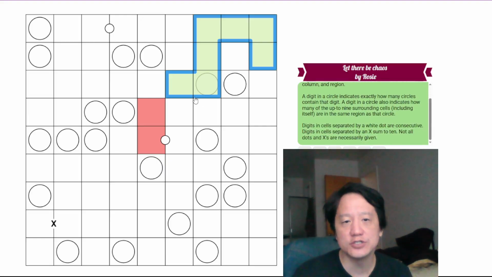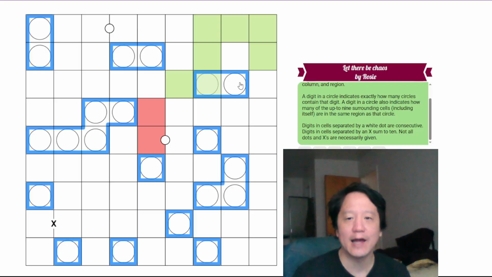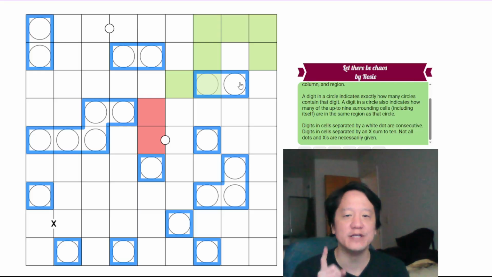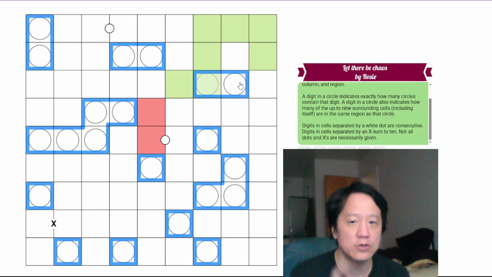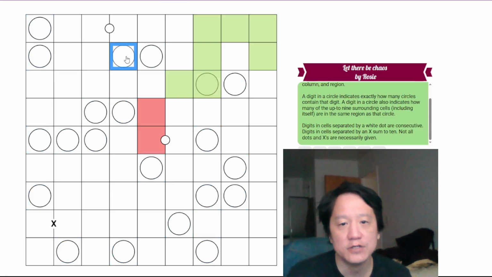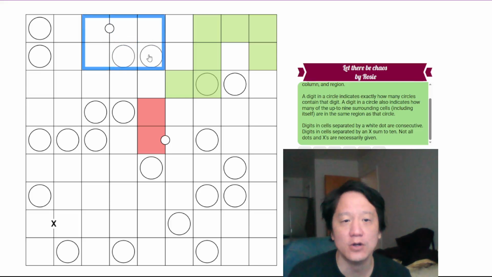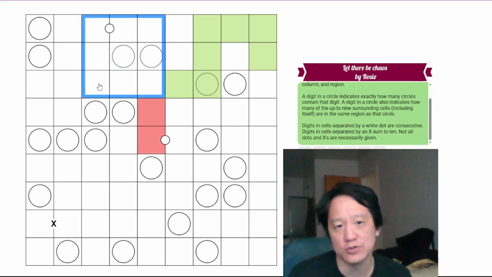A digit in a circle indicates exactly how many circles contain that digit. A digit in a circle also indicates how many of the up to 9 surrounding cells, including itself, are in the same region as that circle.